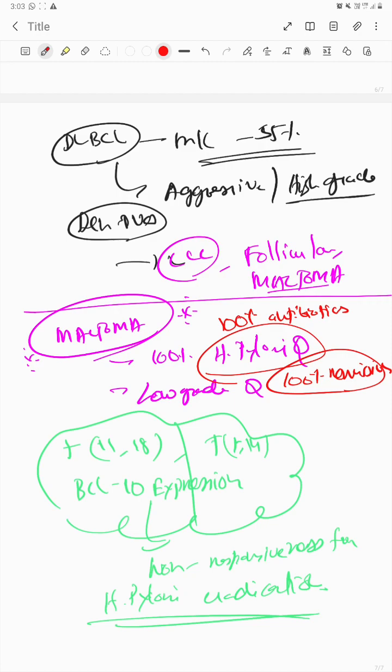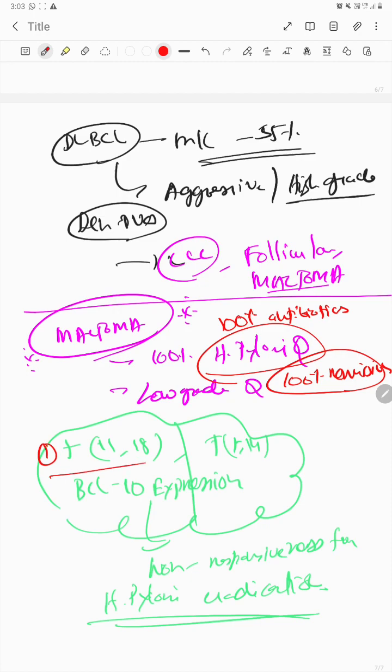And non-responsiveness to H. pylori treatment in case of MALToma, the question is very important: which of the following criteria makes MALToma non-responsive to H. pylori eradication?